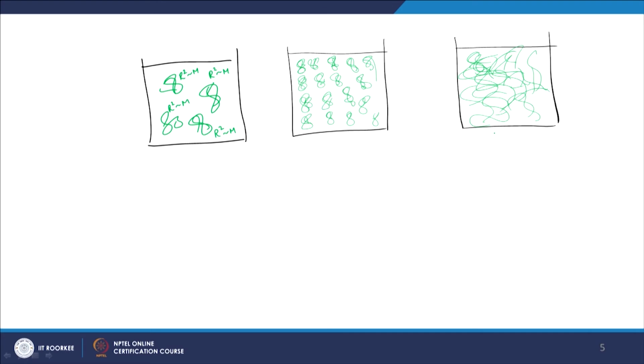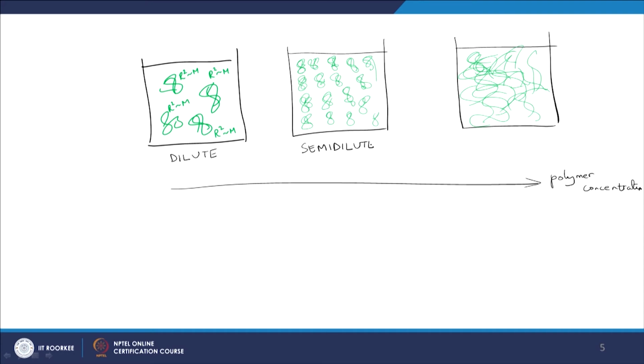Okay. So, as you raise the polymer concentration, you see that in the very beginning it is in a range that is referred to as a dilute solution, and then in between when they just start to overlap, it is referred to as a semi dilute condition, and then at even higher value we have a concentrated solution.